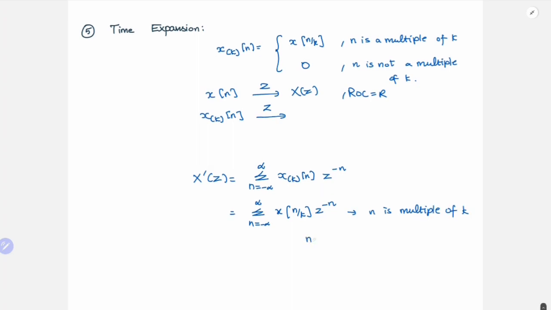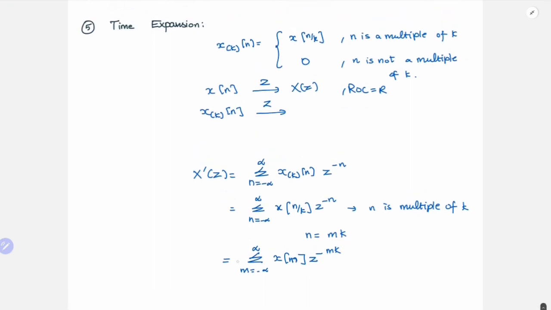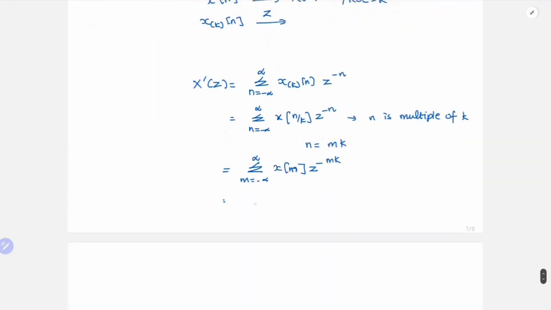So I can replace n with mk and sum over m, correct? Summation m equal to minus infinity to infinity x of m z power minus mk. So this is nothing but summation of x of m z power k, power minus m.